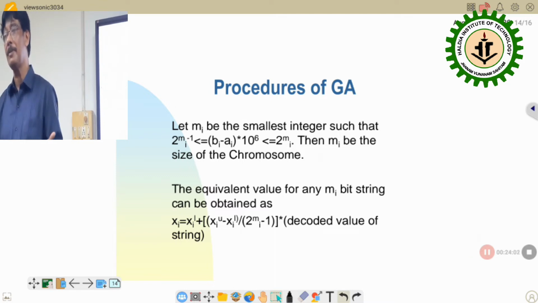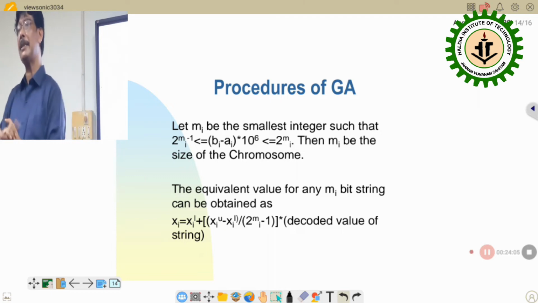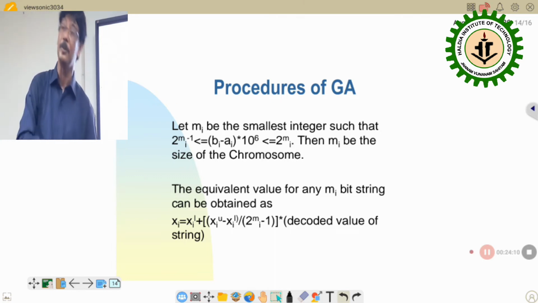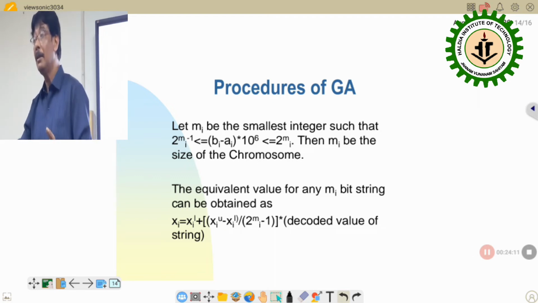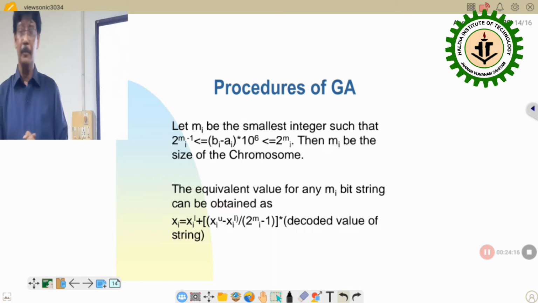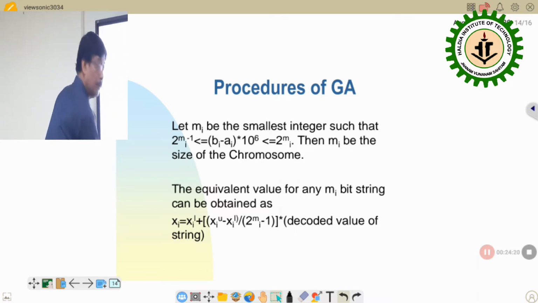Those good chromosomes may come in a randomized way. Randomly you can select, or you can go for genetic operations with the good chromosomes and bad chromosomes to improve the solutions in the next generations. So that depends upon you what you will do.